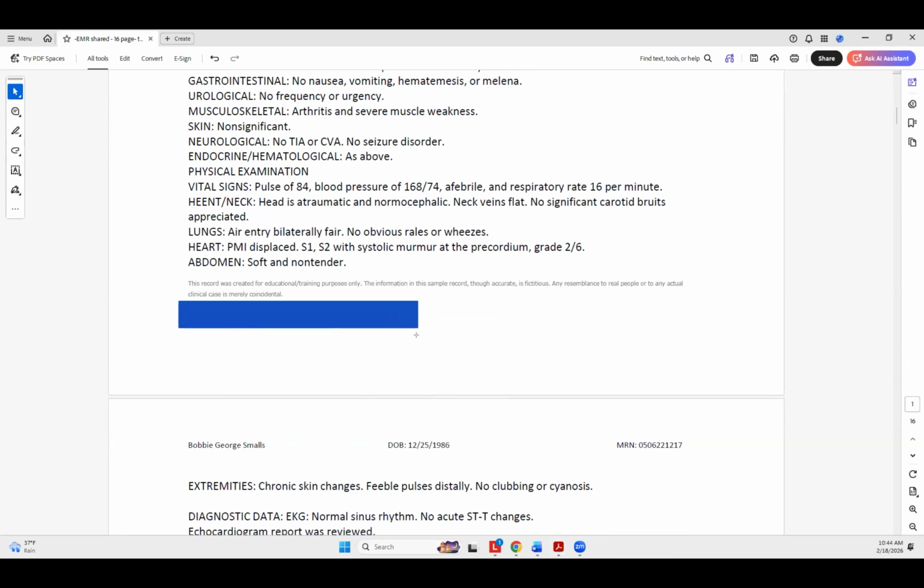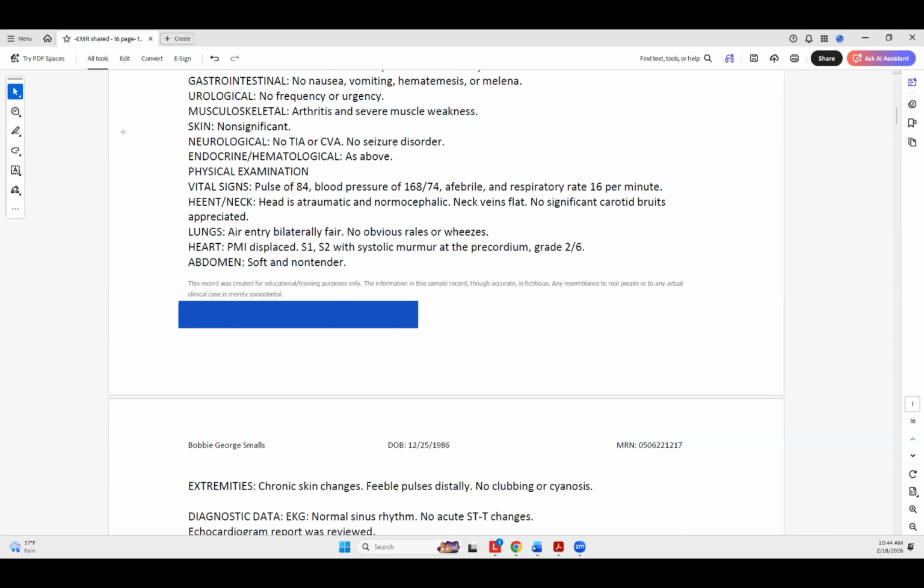let's just say you did not have the shared EMR statement at the end, and you wanted to make sure that it's a shared EMR, even though you see outpatient pages and inpatient pages. So let's say you didn't have that.